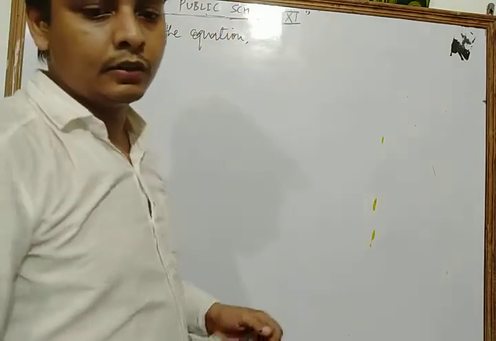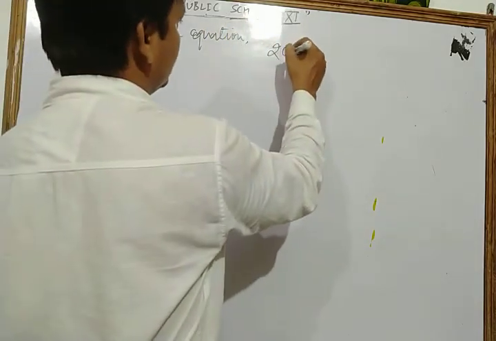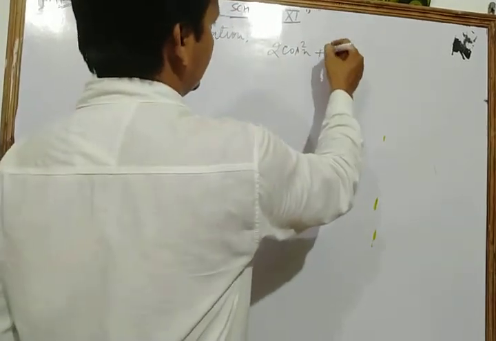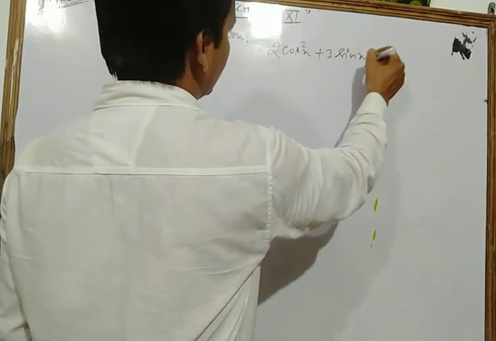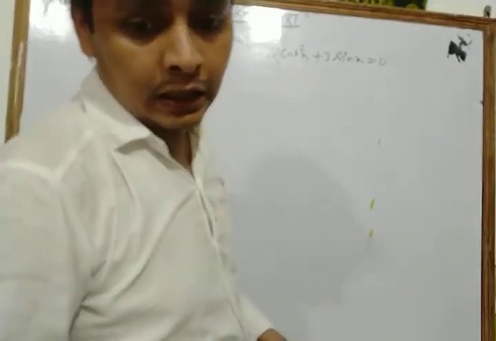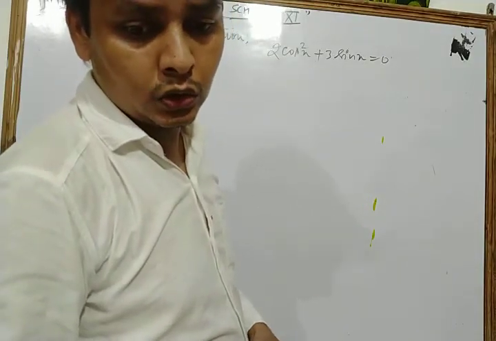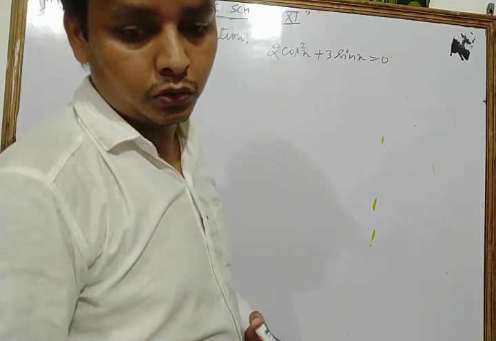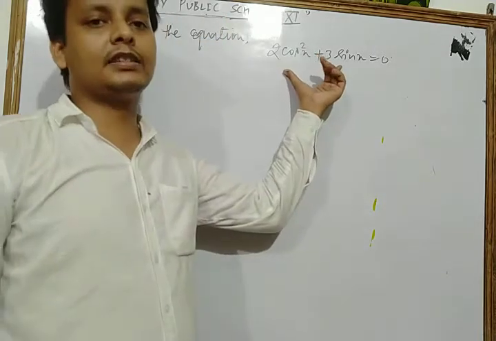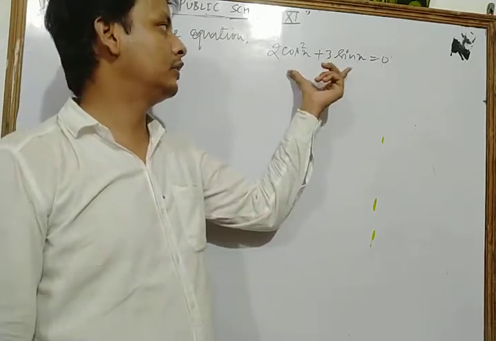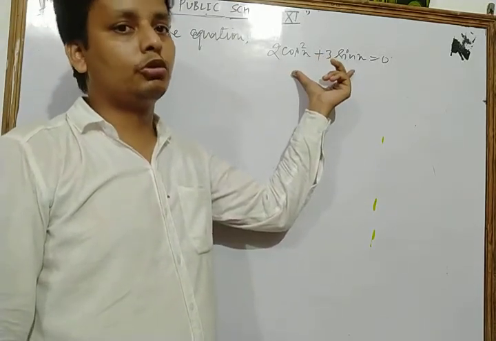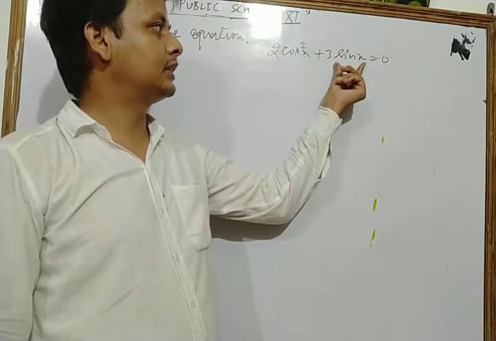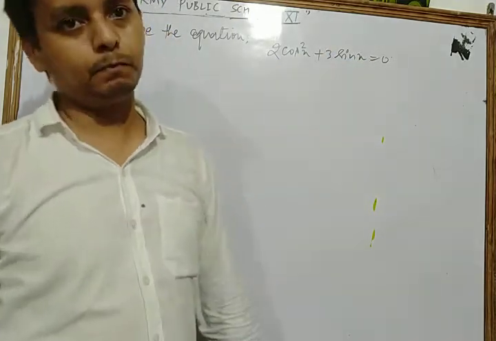Solve the equation 2 cos square x plus 3 sin x is equal to 0. This is your trigonometry equation, and we solve that equation.